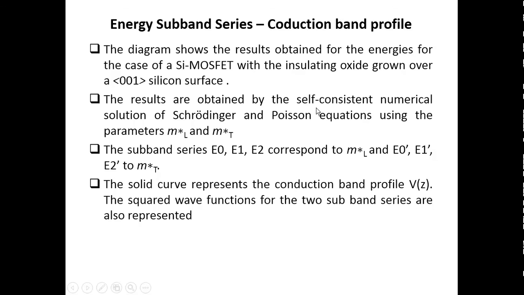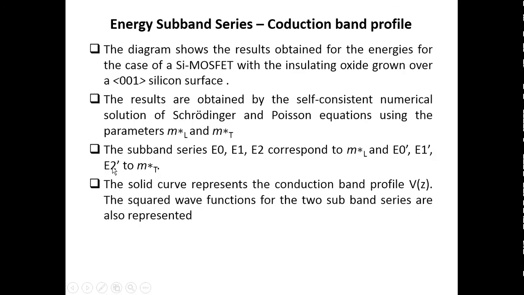The results are obtained by the self-consistent numerical solution of the problem. The subbands of energy E0, E1, E2 correspond to m star l, and E0 dash, E1 dash, E2 dash correspond to m star t.